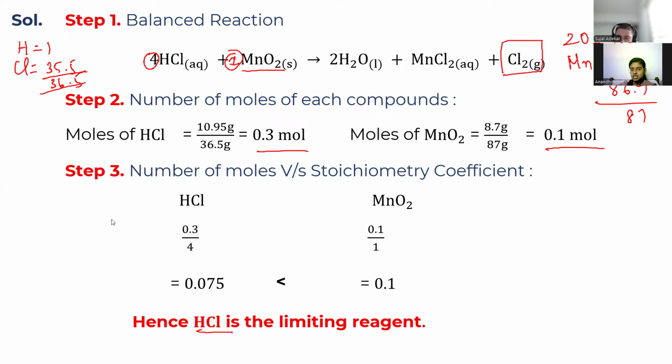Just note it down fast. 4 moles of HCl produce 1 mole of Cl2. So 0.075 mole of HCl will produce how many moles of chlorine? We'll calculate. Just copy this down.